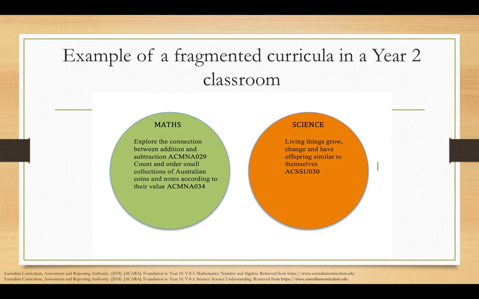Secondary to this is through elements in mathematics. The first content descriptor, ACMNA029, explore the connection between addition and subtraction, and content descriptor ACMNA034, count and order small collections of Australian coins and notes according to their value.